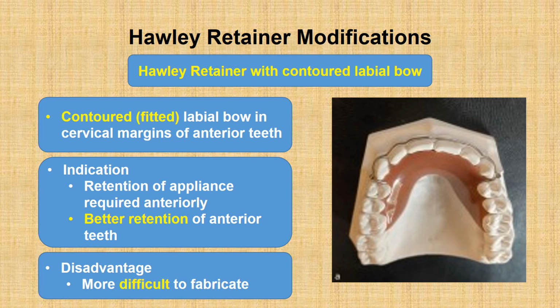The indication is if more retention of the appliance is required anteriorly, then this can be obtained using the fitted labial bow, and the retentive function on the anterior teeth is also better compared to the standard Hawley because the wire makes close contact with almost the whole width of the surface of the tooth.